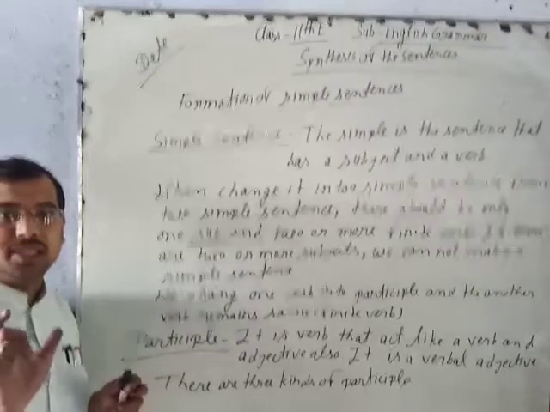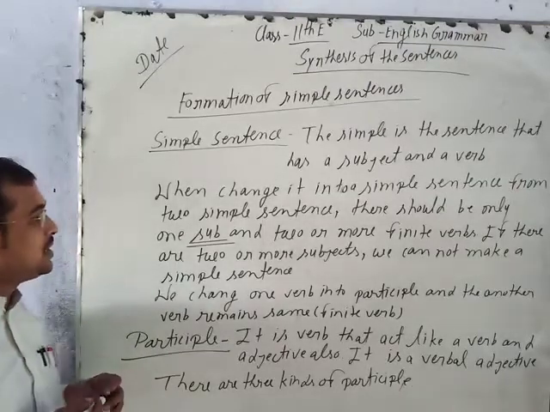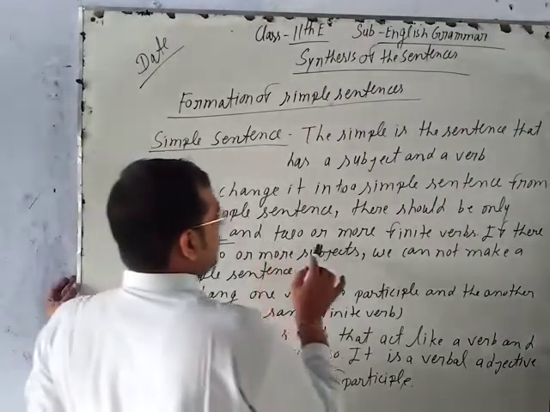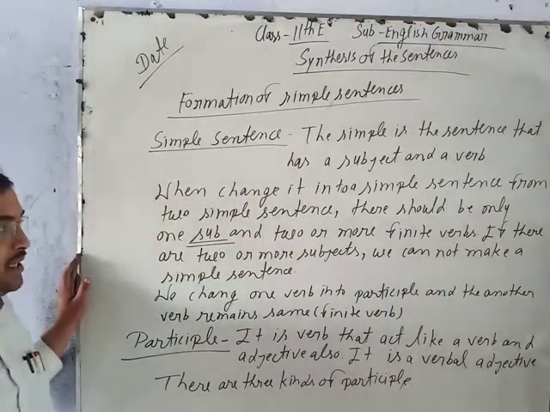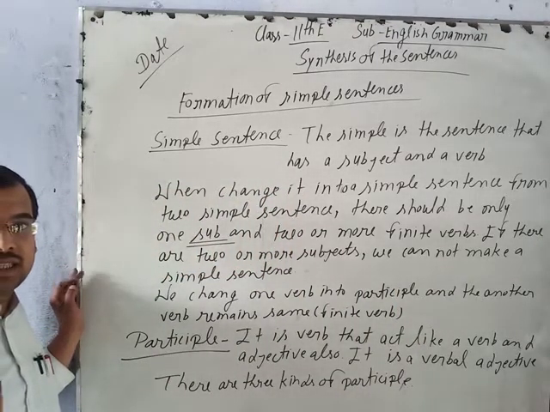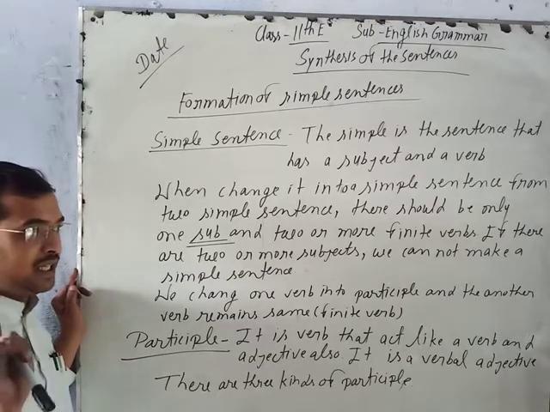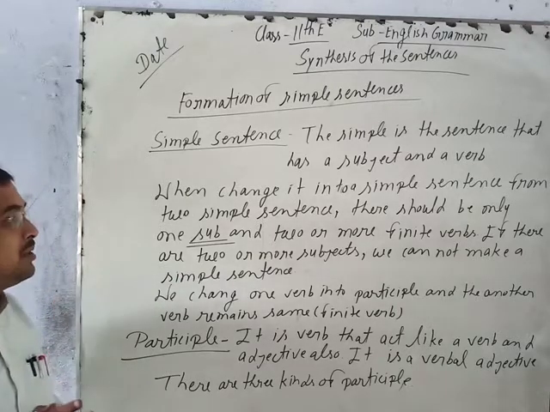Especially when we are using participle, two or more finite verbs should be in it. Always remember that the subject of the sentence should be one and the main verb or finite verb should be two or more.